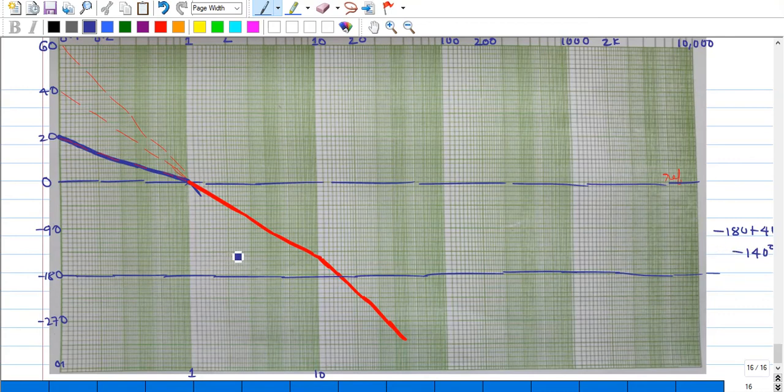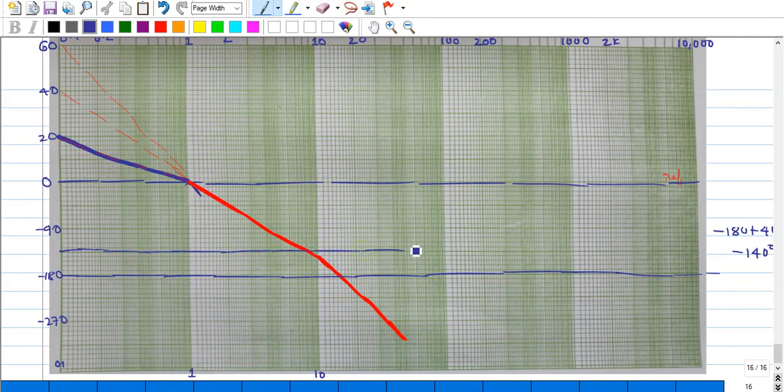Let me indicate the same. This is minus 180, so somewhere it will come here. 90, 99, 118, 127, 136, somewhere here I will mark. So this particular construction line will be the minus 140.